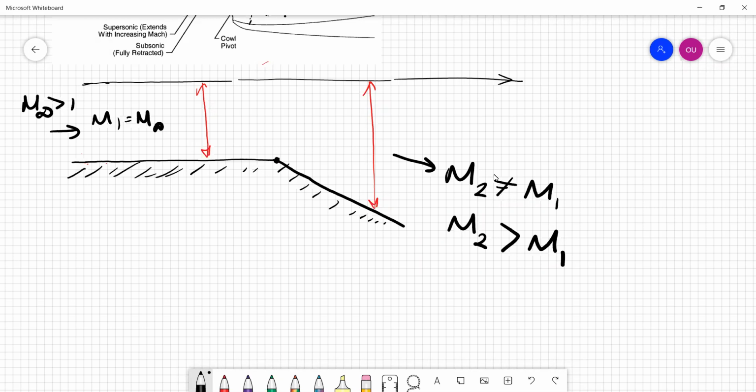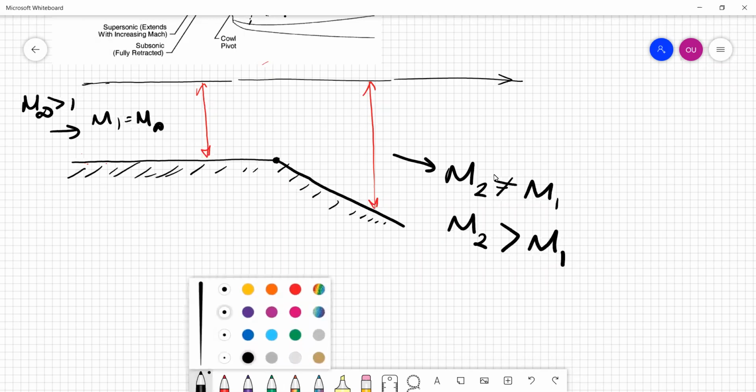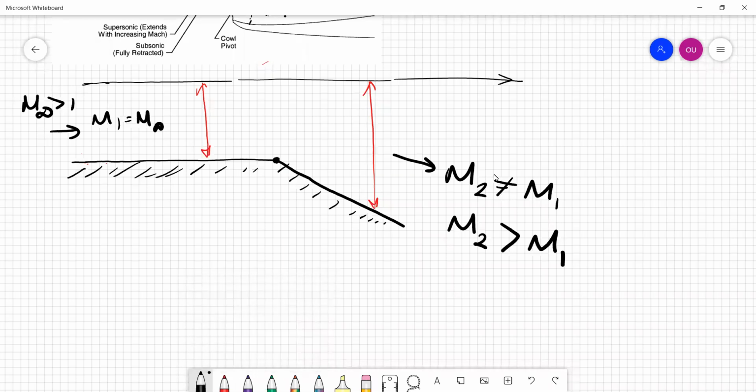But of course, this sudden change in geometry, this information must be propagated through the gas stream so it can adjust itself to M2 conditions. This happens through what we call an expansion fan. So again, we see lots of waves in the flow.